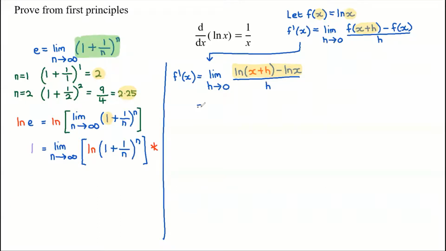This is going to be equal to the limit as h approaches 0, and as a single logarithm, it's going to be the natural log of (x plus h) over x, and then the denominator is, of course, going to be h. So that's what I've done to the numerator. I've just applied the laws of logarithms there.